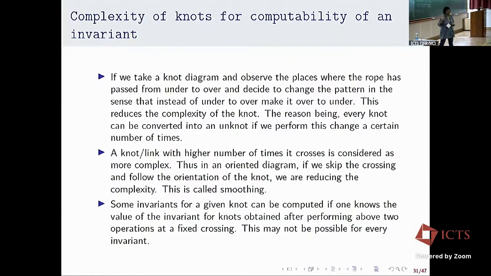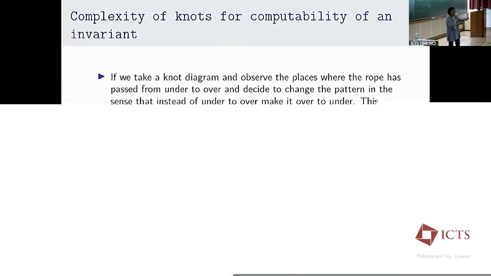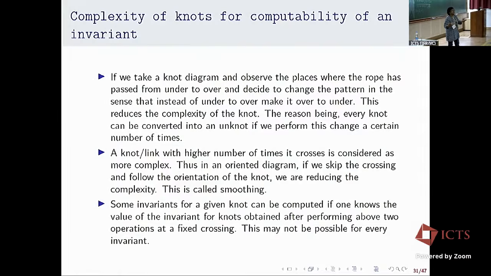Likewise, some invariants have this thing that for the base step, suppose I know the value for the unknot, and I know the invariant somehow for less complex knots, then can I combine these two to be able to compute it for the next knot? So that is the idea. And the complexity of a knot, how do I measure the complexity?